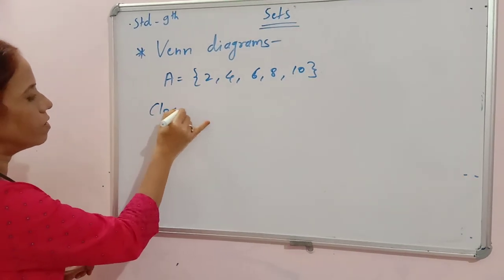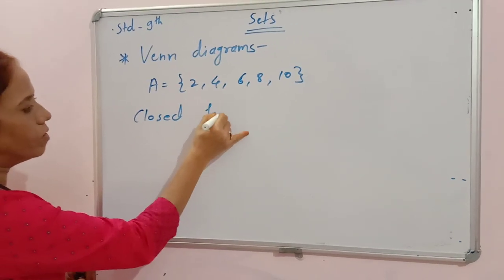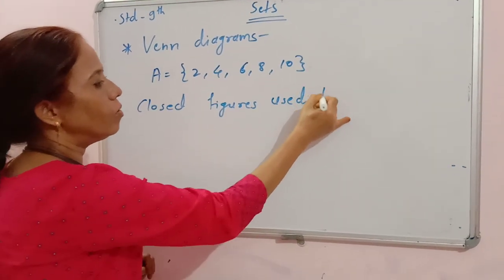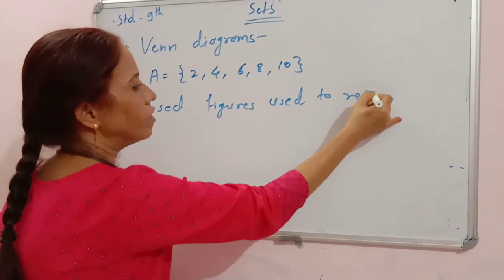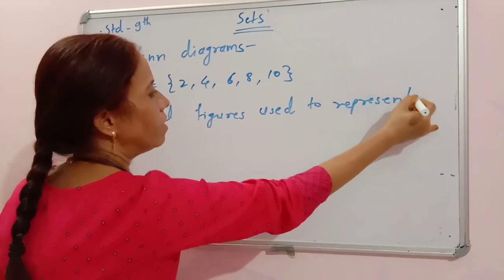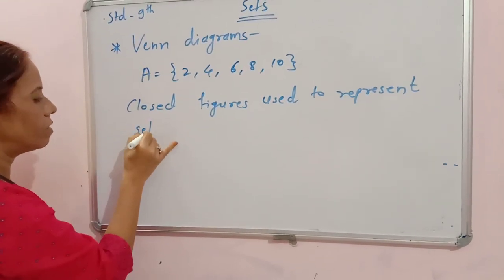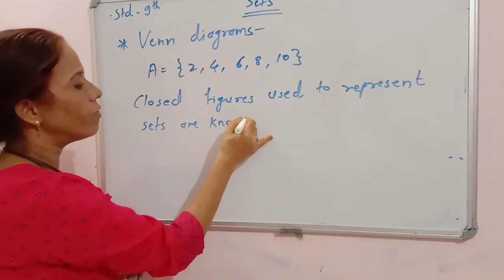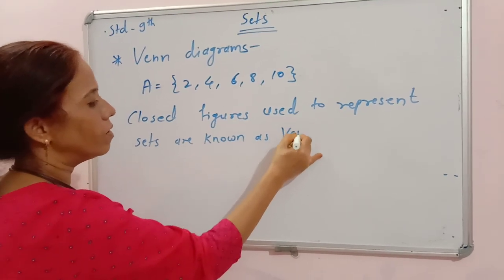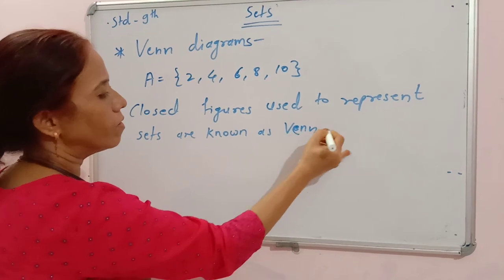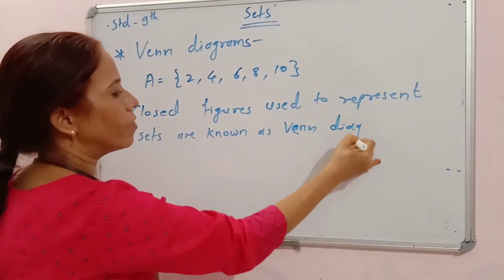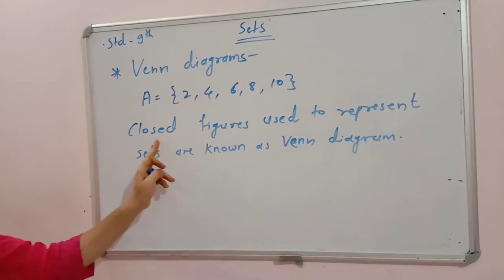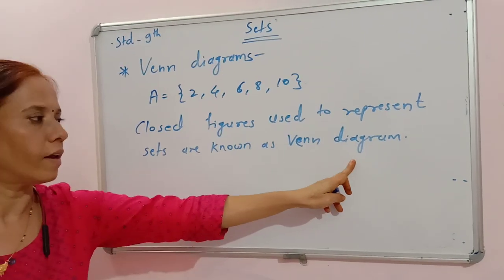Closed figures used to represent sets are known as Venn diagrams. A British mathematician found out this method, and that's why they are known as Venn diagrams.